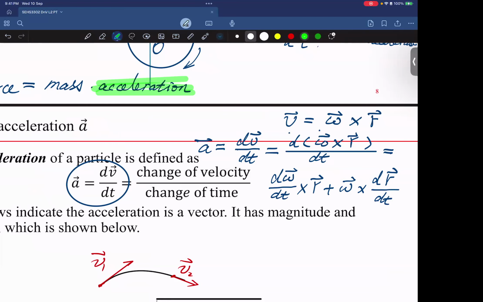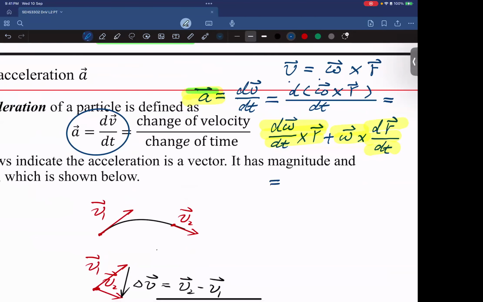So at last, the acceleration equals d omega over dt, the angular acceleration, cross r, plus omega cross dr over dt. r is the position vector, and the position change over t is the velocity.